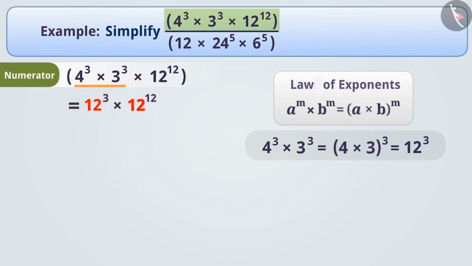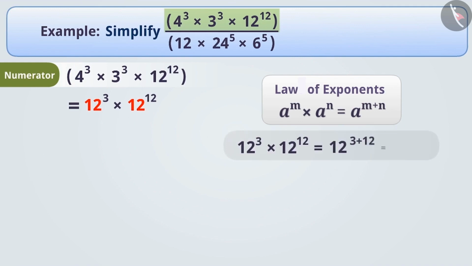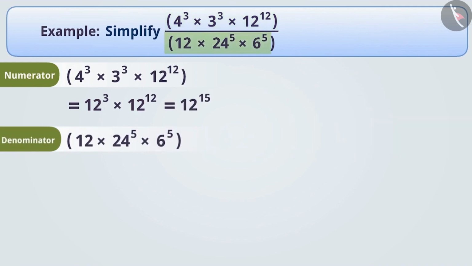Here, the base is the same, so we will use the law a to the power of m into a to the power of n, which is equal to a to the power of m plus n. Using this law, we get 12 to the power of 3 into 12 to the power of 12 is equal to 12 to the power 3 plus 12, which is equal to 12 to the power of 15.